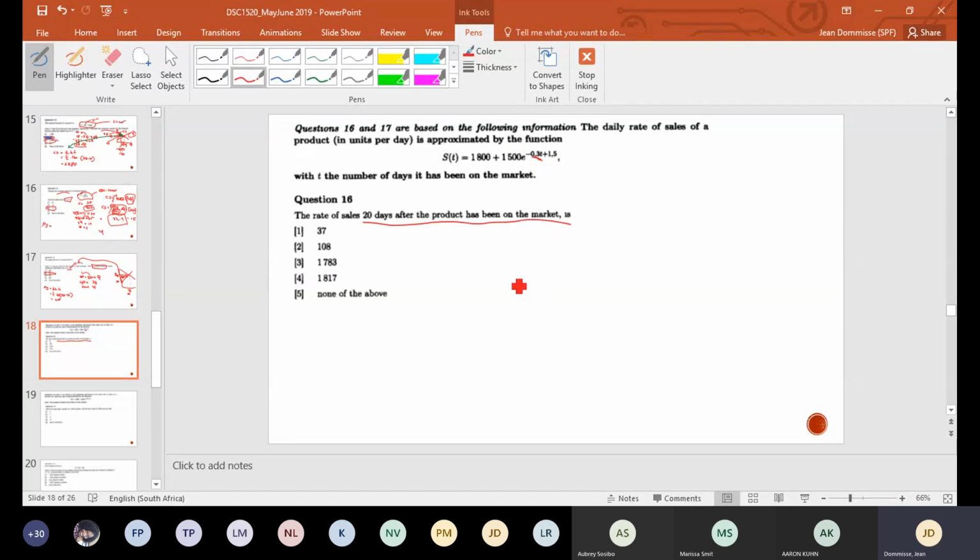So what for me is interesting here, I look at that, then I look at this, and I'm like, my answer must be bigger than 1,800, because that's standard. Let me quickly check. I don't think that will ever be negative.